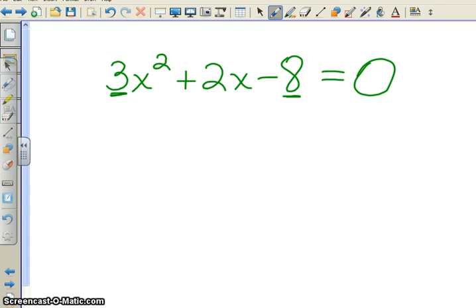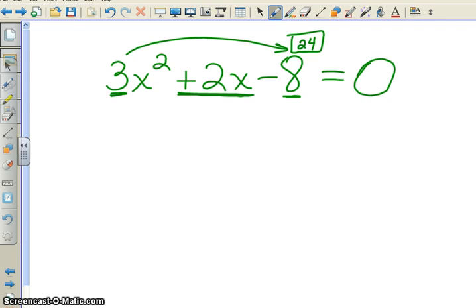If we don't want to guess and check, we can split the middle, or we've also been calling it factoring by grouping. So if I want to factor this by grouping, I'm going to take this 3 and multiply it by the 8, which gives me 24. So now I'm trying to think of numbers that multiply to 24 and can add or subtract to make a positive 2.